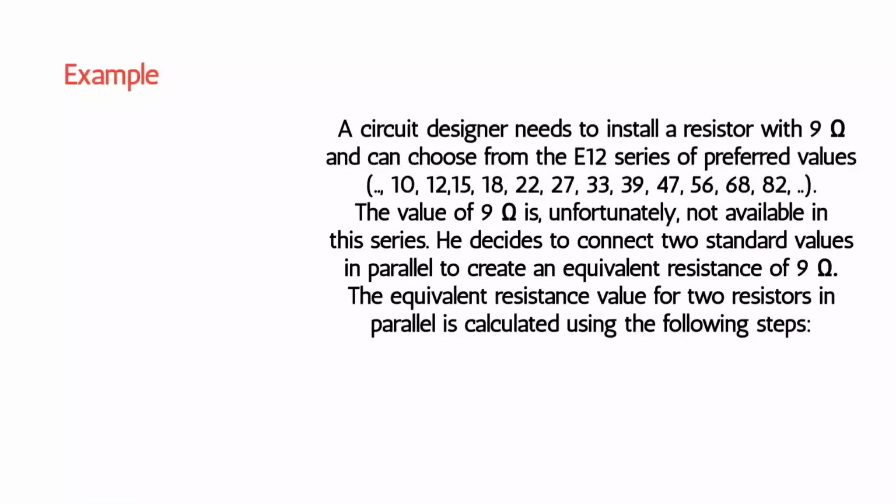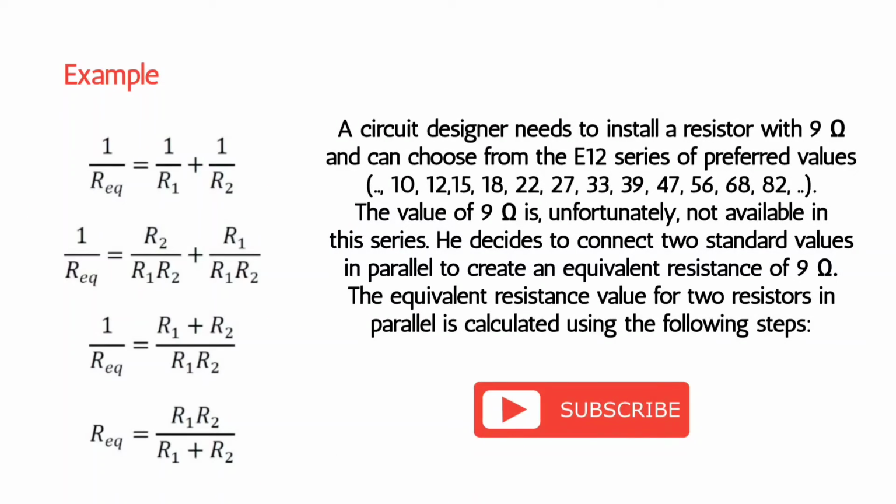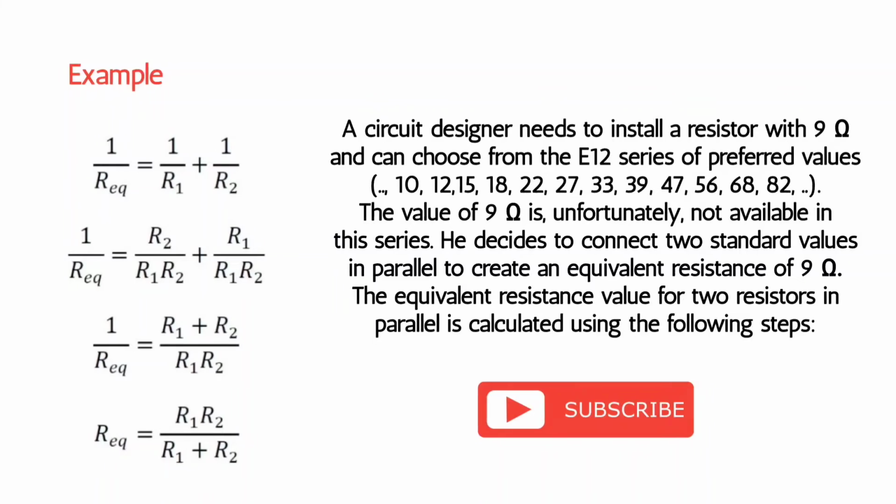The equivalent resistance value for two resistors in parallel is calculated using the following steps. From the required formula, the inverse of the equivalent resistance is equal to the sum of the inverses of the two resistances. By cross multiplication we solve for the equivalent resistance, then take the reciprocal of the equation, and we get the required equation.